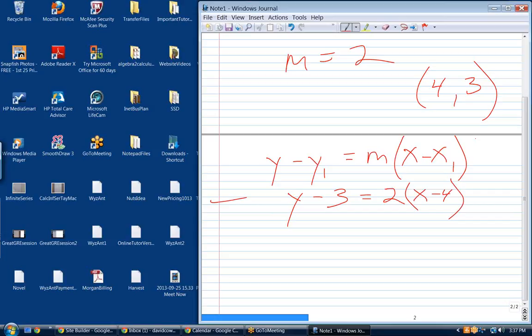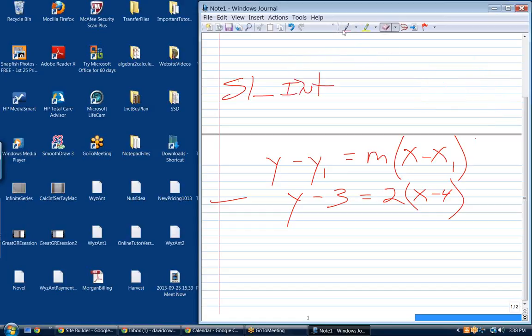Do you know? My teacher wanted us to put it in standard form today. Which is where I got tripped up, because I had the point-slope, point-slope and point-intercept. And then here's the three formats. Slope-intercept, which is what? y equals mx plus b.